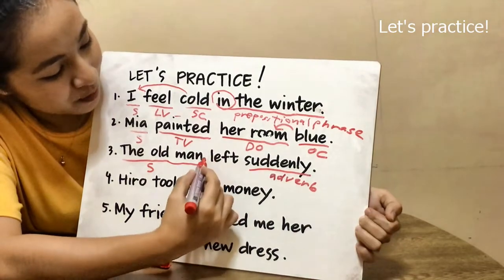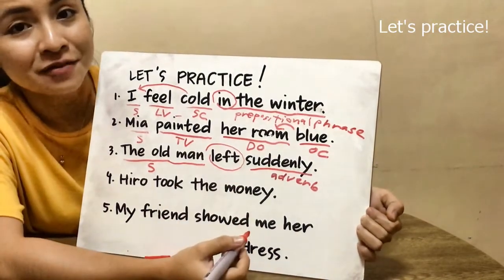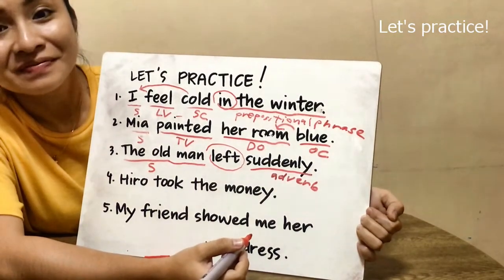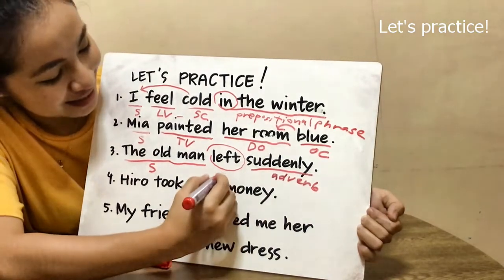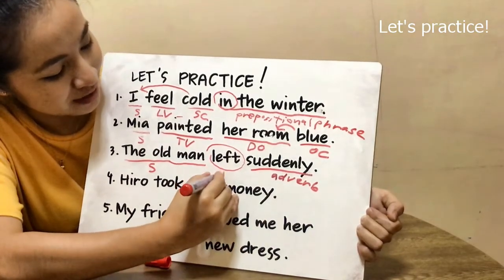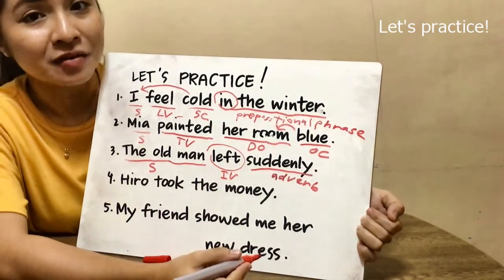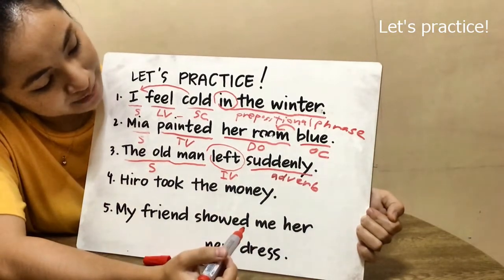And then how about this one? What kind of verb? Is it transitive or intransitive? Good. This is actually your intransitive verb. So again, intransitive verb doesn't need any object to complete its meaning.